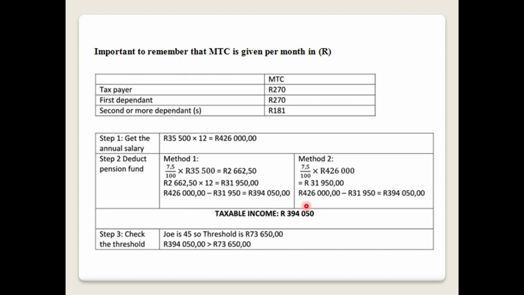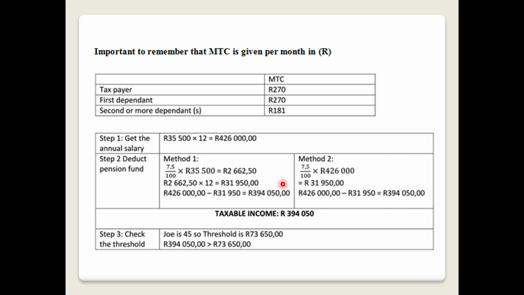In method 2, I took the annual salary multiplied by 7.5%, and I get to the same answer. Remember, this one was the monthly salary, and this one was the annual salary. Both calculate to 31,950. You use the method which you understand the best.